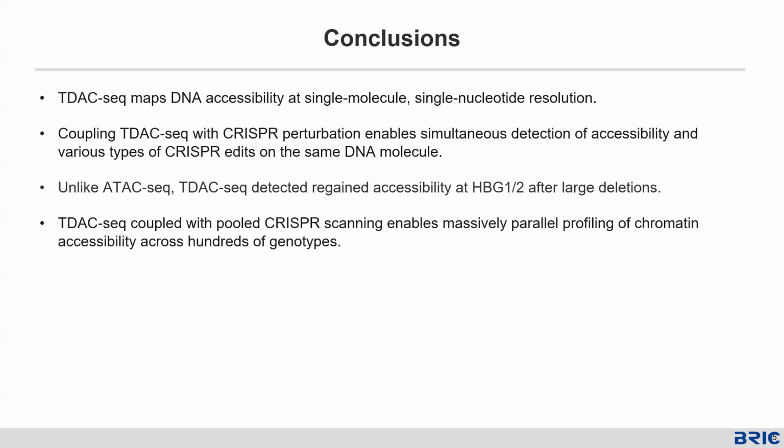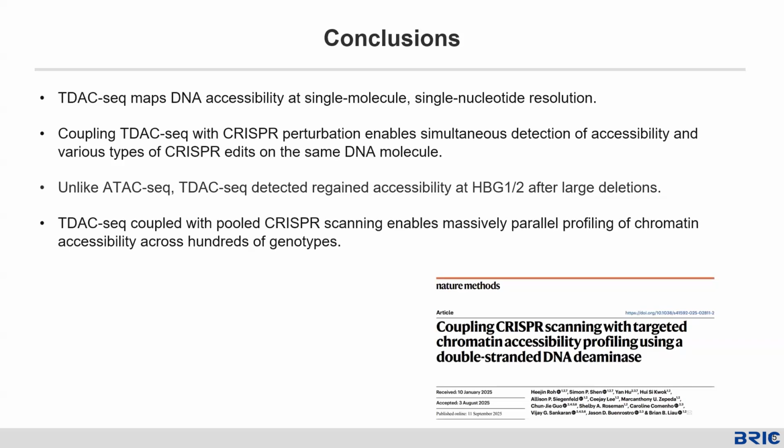And lastly, TDAC coupled with pooled CRISPR scanning enables massively parallel profiling of chromatin accessibility across hundreds of genotypes. This research was published recently in Nature Methods about 2 months ago, so please check it out if you're interested, and let me know if you have any questions.